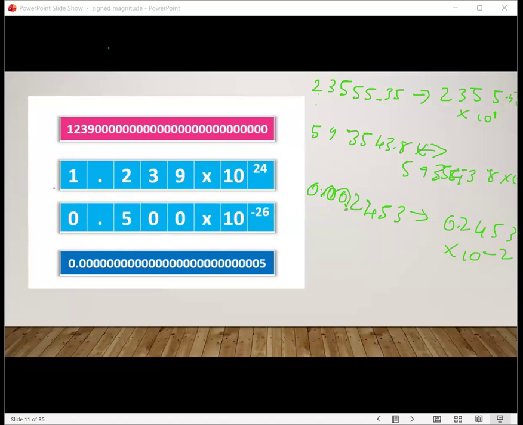So 10 to the power of -2. If it moves right hand side, minus value. If it moves left hand side, plus value.